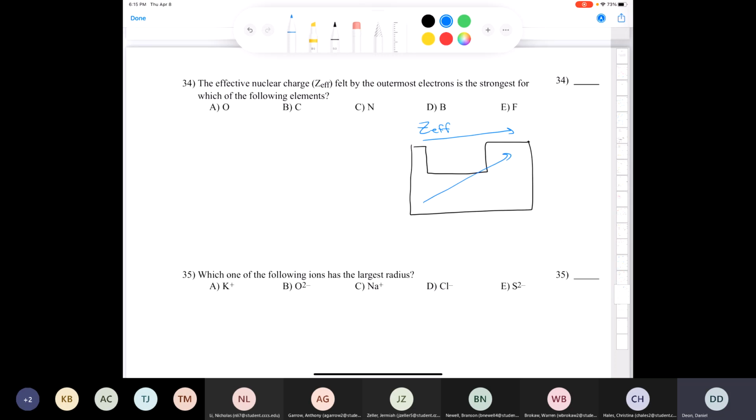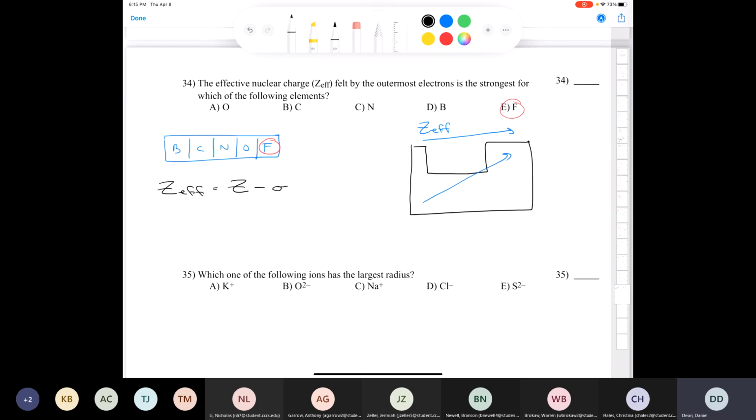And so if I look at all of these elements, I have boron, carbon, nitrogen, oxygen, and fluorine, and they all come next to each other like this. Well, I think it's pretty obvious that the one that's going to have the highest effective nuclear charge is going to be fluorine, because as we go across the period, effective nuclear charge is equal to the number of protons subtract the number of core electrons.